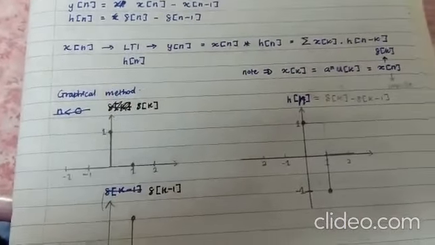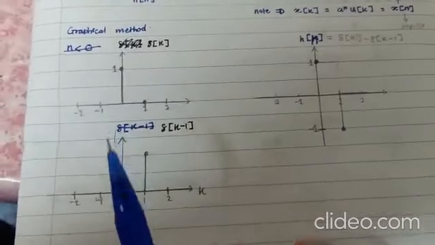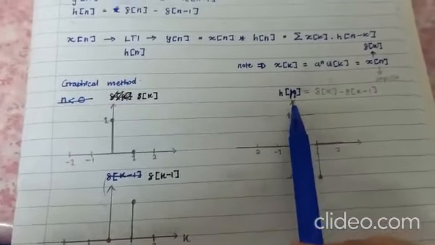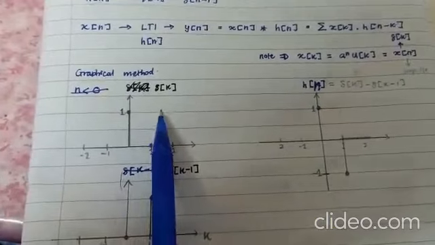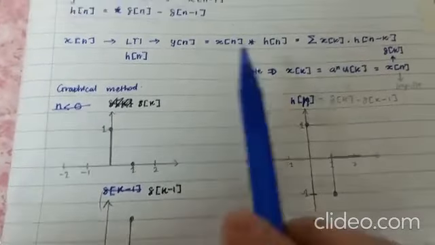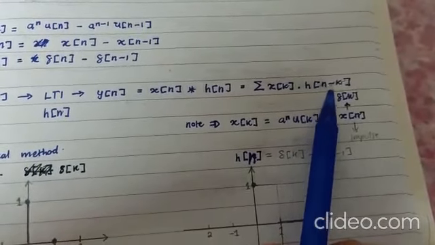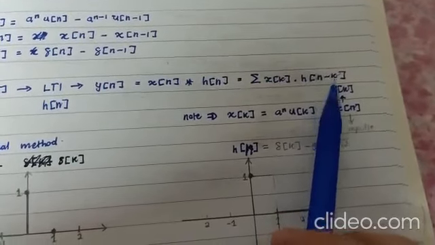So I will use the graphical method because I understand it more. First of all, we need to get the graph for hn, which is delta k minus delta k minus 1. Here, k is our unknown.